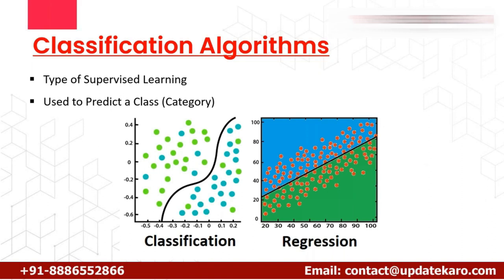Basically, the difference between classification and regression: in regression, our main goal is to predict numerical values for our upcoming data set, or to predict future values, right?